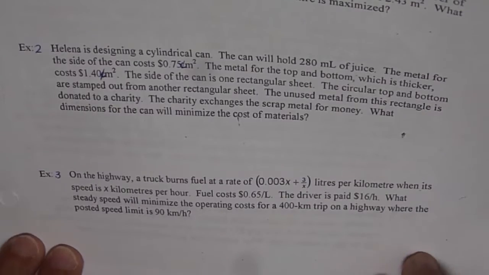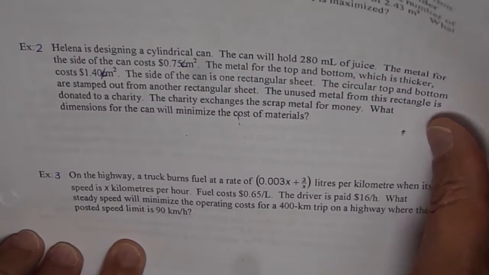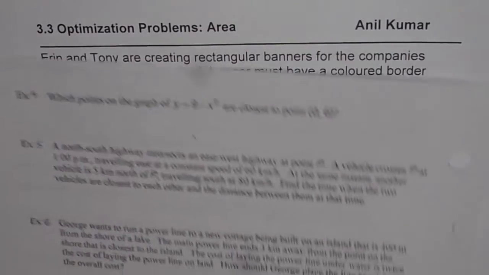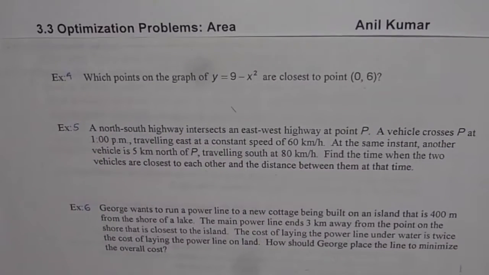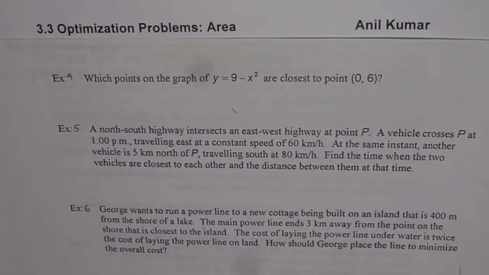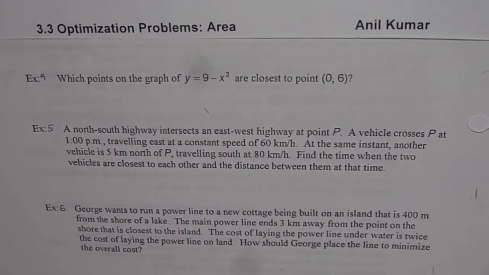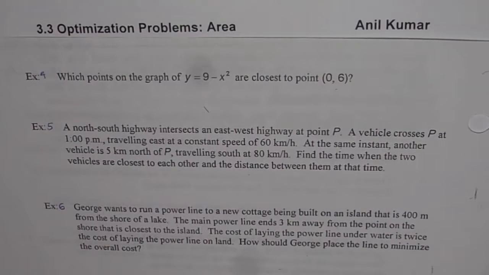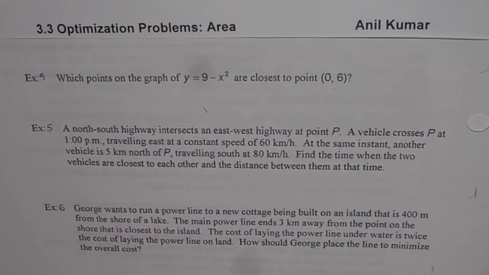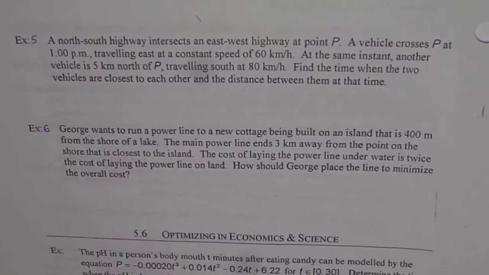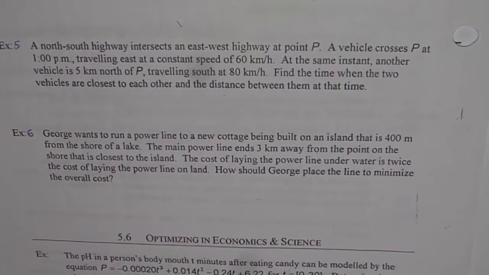So these are the 3 examples on this side of the page, and I have 3 more on the other side, which are examples 4, 5, and 6. So copy these examples. We'll discuss them one by one and see how to solve such questions. I hope at the end of these 6 examples, you will understand exactly how to solve optimization problems, right? So these are the 6 examples.